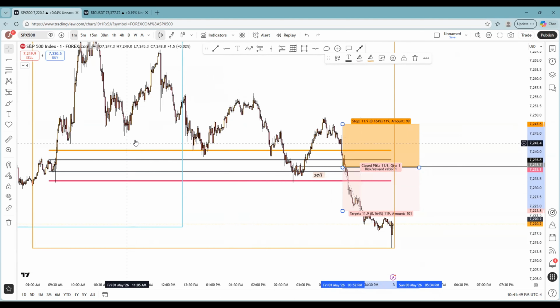And that's only because anytime I see price closing below this buy entry level, and it closes back in this range where our gray lines are, usually it pretty much just plunges, goes to the sell entry, and then it keeps going, which is exactly what it did.